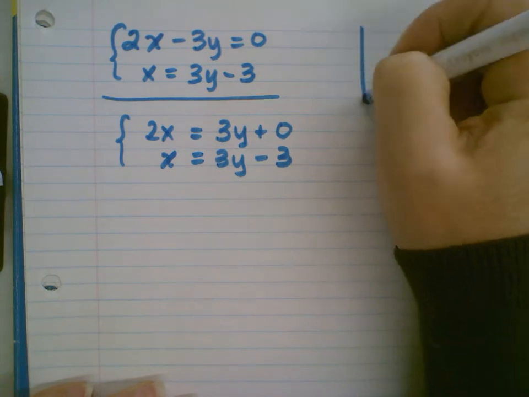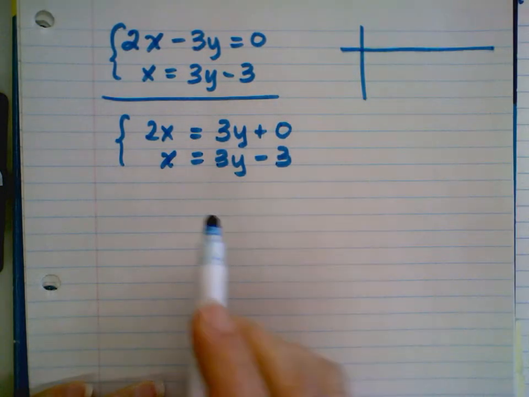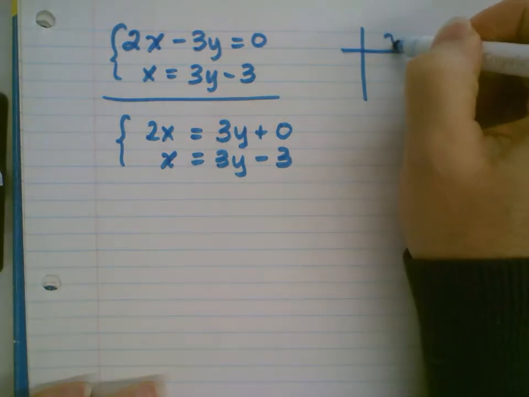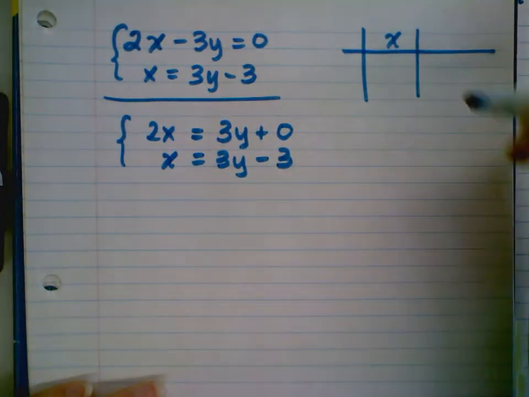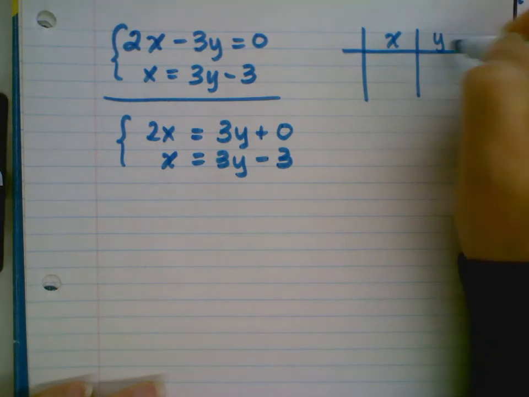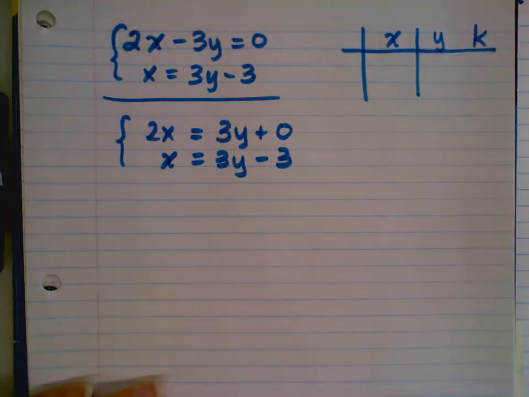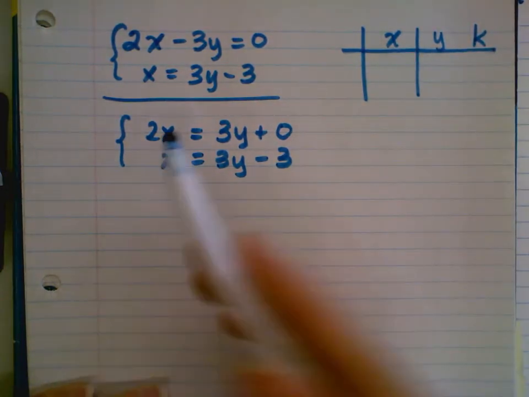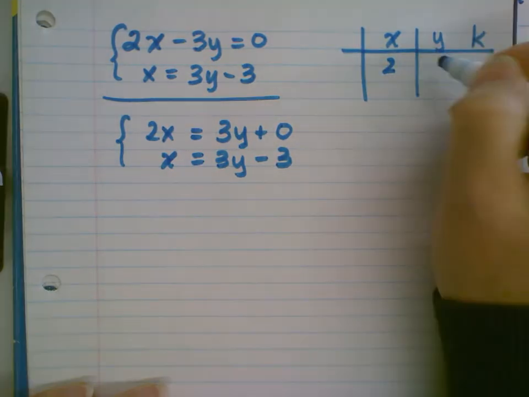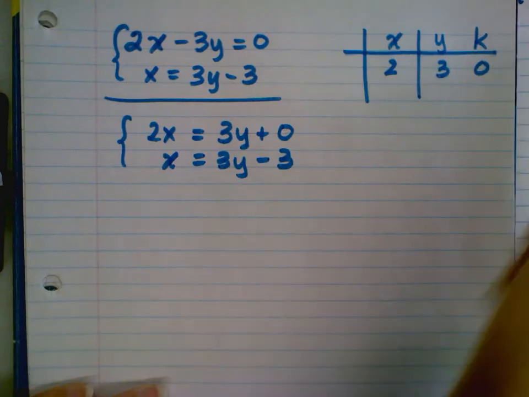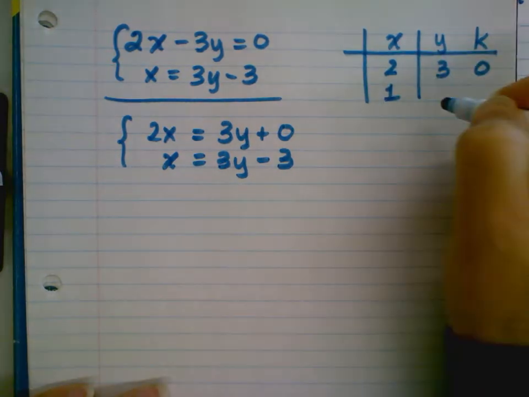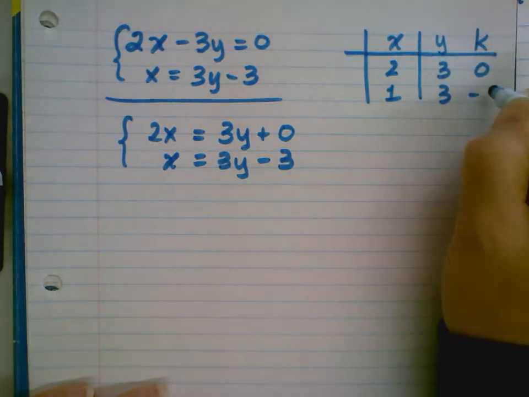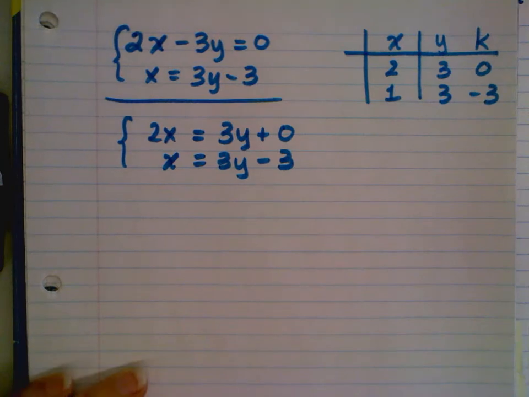All right, so the table then has x terms isolated to the left of the equal sign. There's my equal sign. I've got y's and constants. Coefficients are 2, 3, and 0 for the first equation. Second equation is 1, 3, -3.